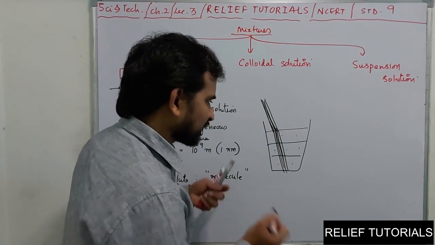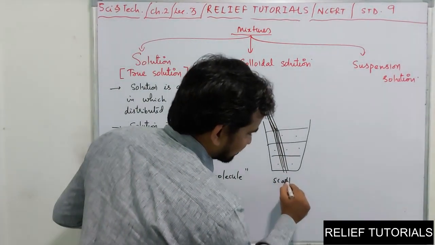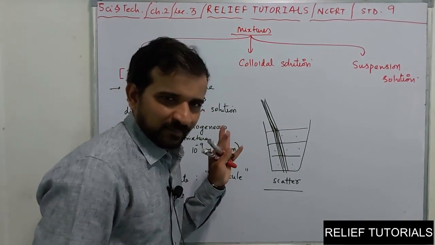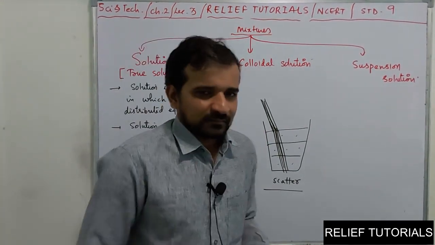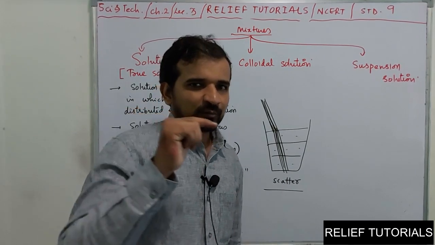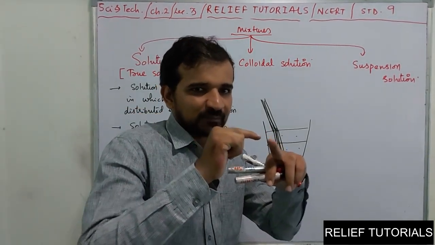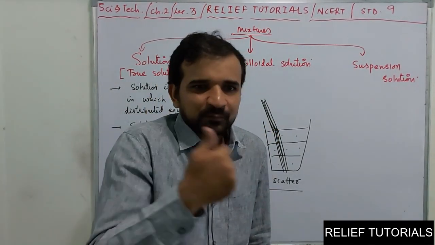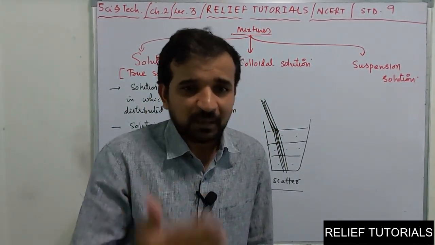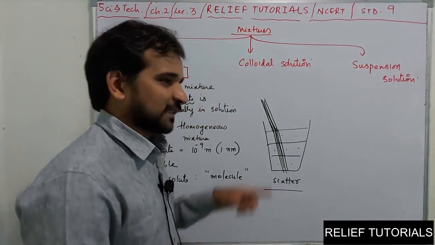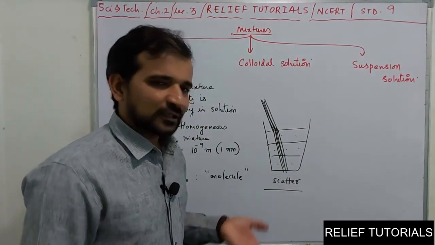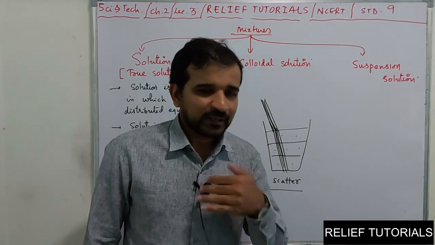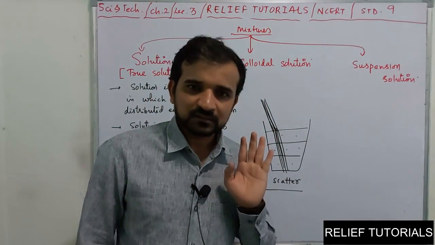Disturbance occurring in light is called scattering. The light rays are not going to be scattered. If you imagine a light ray going in one direction, and a salt molecule is there in between, because it is extremely small, the light ray passes as if no particle is present in its path. That is why they are not visible to us, because light does not fall on them. And if the light does not fall on the particles, we cannot observe them with the naked eye.